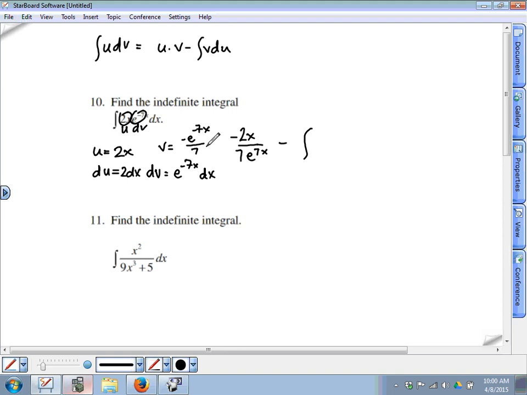Now v has a negative 1/7, which you can pull out and have a plus 1/7 there. And then du has a 2 also. We're going to pull this 2 out. So we have e to negative 7x times dx.